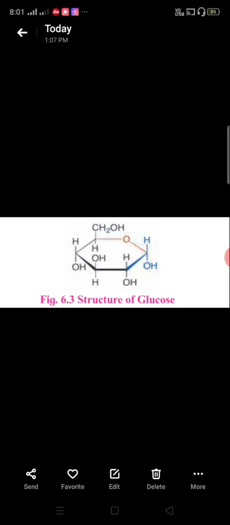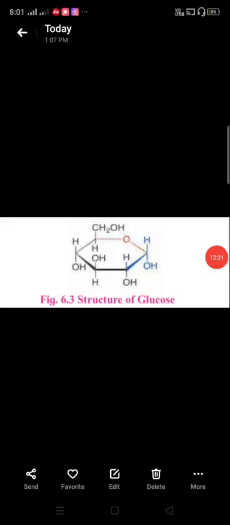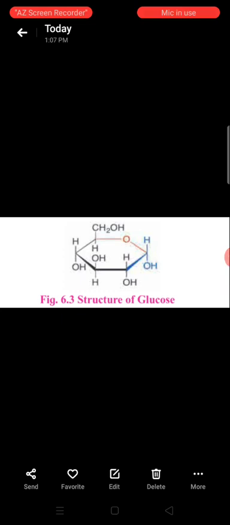Now we will see some information about the following monosaccharides. Number 1, glucose. It is the most important fuel in the living cell. Its concentration in human blood is about 90 mg per 100 ml of blood. If this range increases, then a human being will face diseases, for example diabetes, or what we call sugar.